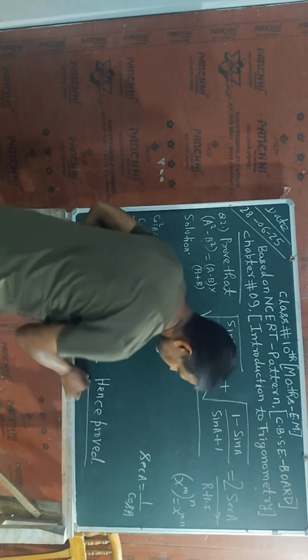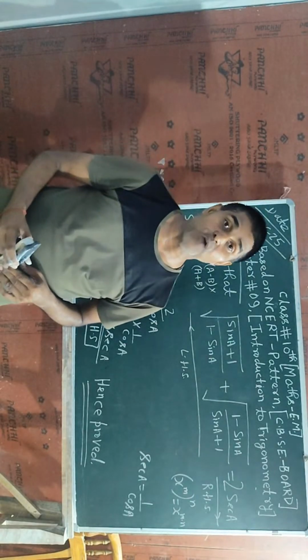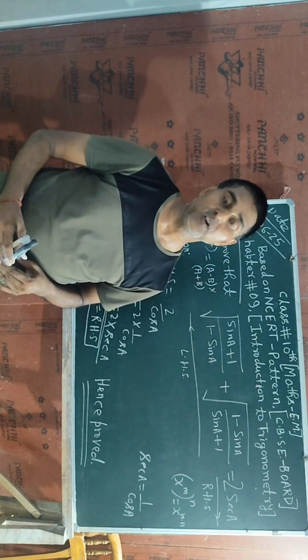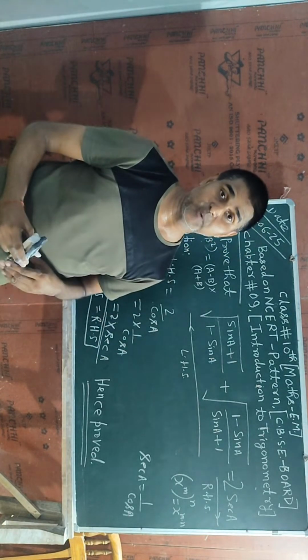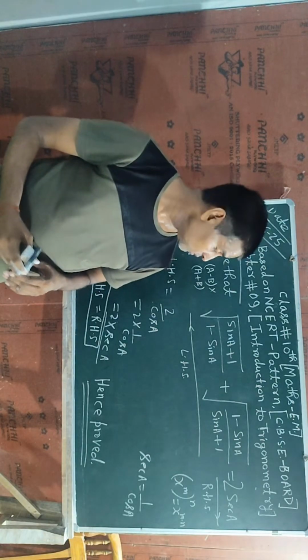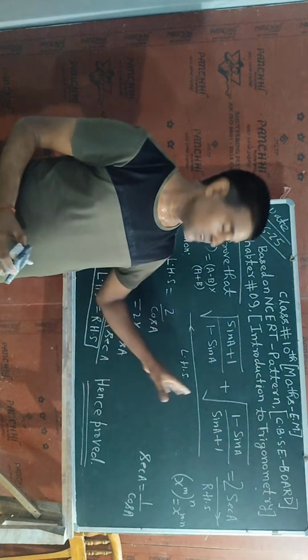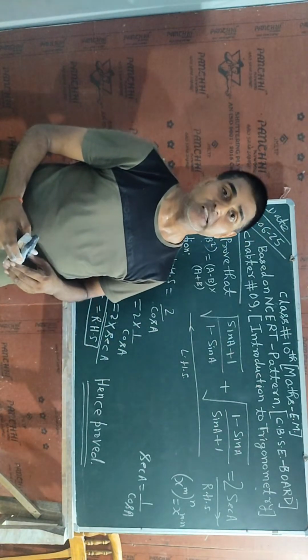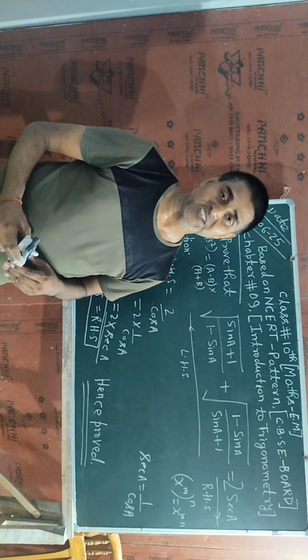So this is a very important concept, and you have to find properly how to use trigonometrical ratios in the question. Okay student, if you use another trigonometrical ratio to find the answer, you will get too much confusion. So if tan theta is available, you have to put there sin theta by cos theta, and if cot theta is there, you have to put cos theta by sin theta.